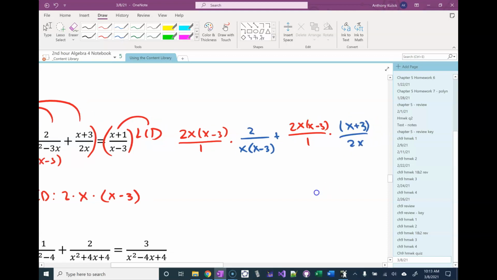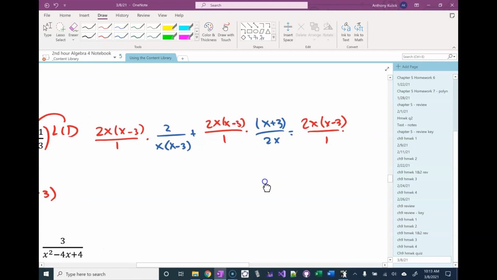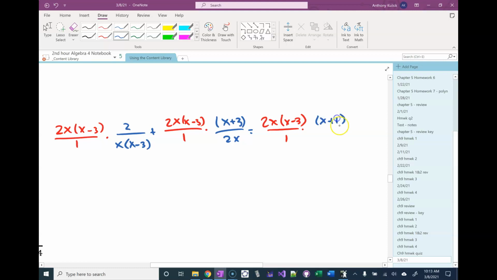Okay. So I can reduce the x minus 3, reduce the 2x, reduce the x minus 3. So 2 times 2 is 4, and then x minus 3 times x plus 3, and then 2x times x plus 1. So I'm going to go ahead and FOIL this stuff out here and distribute this through.